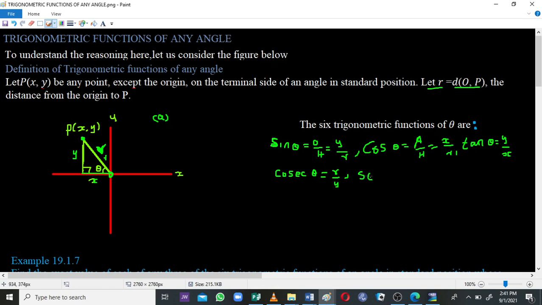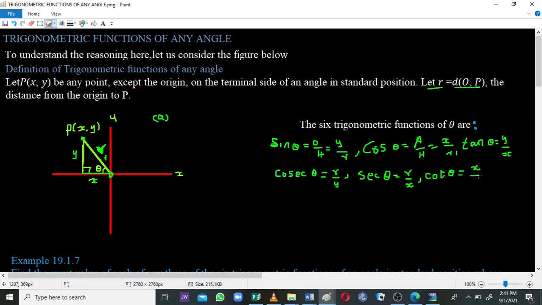Sec theta is equal to r over x. Now we have cotangent, abbreviated as cot theta, which is equal to x over y.